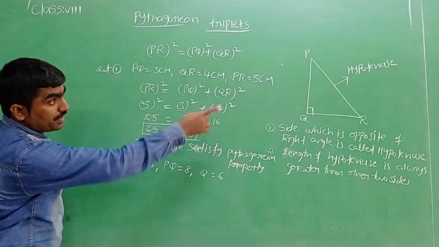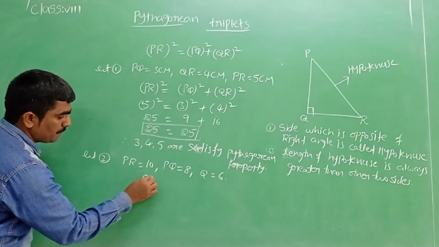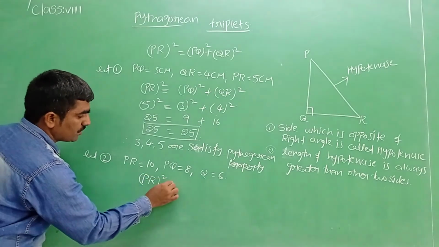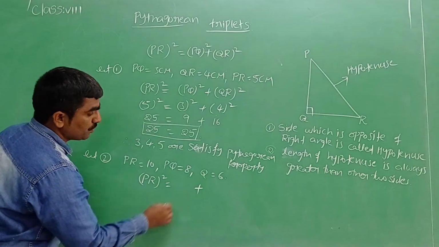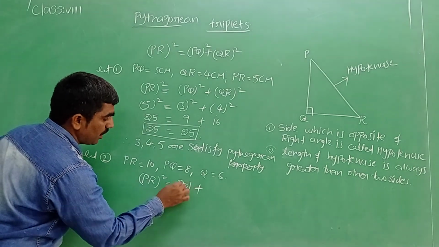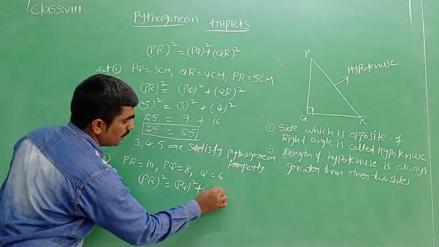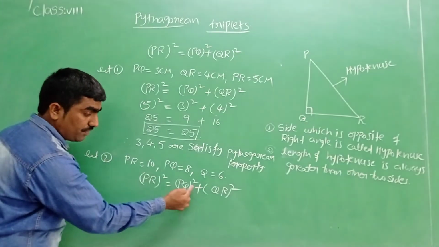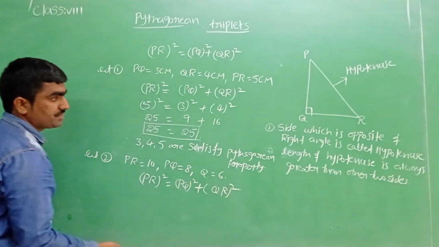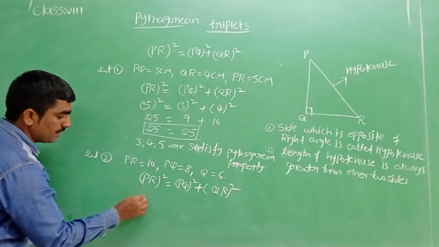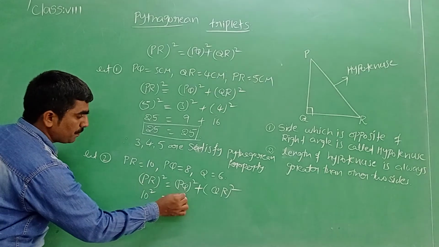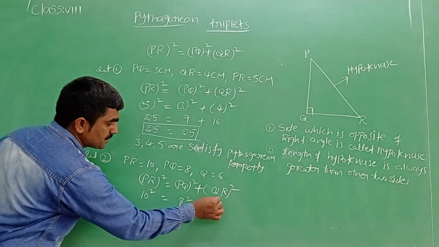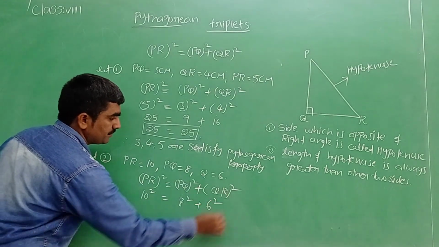Hypotenuse square is equal to the sum of the other two side squares. The hypotenuse is PR, and the other two sides are PQ and QR. So 10 square is equal to PQ 8 square plus QR 6 square.